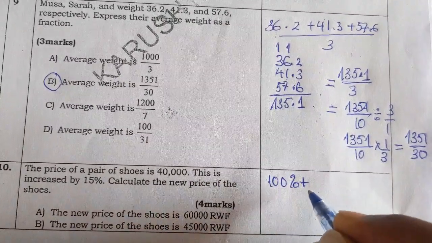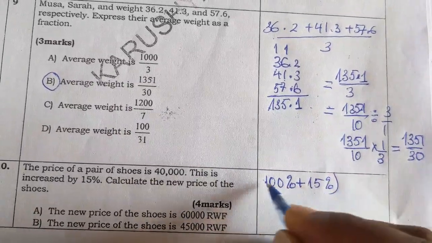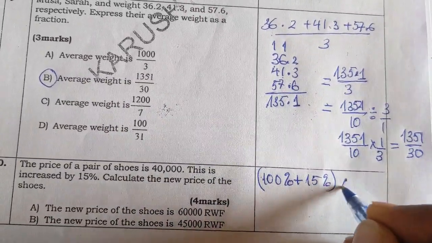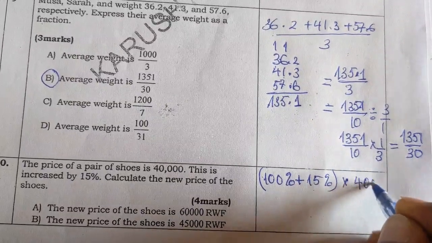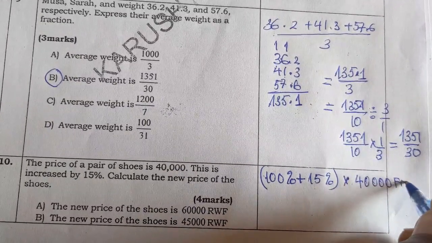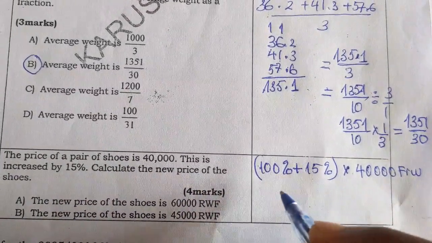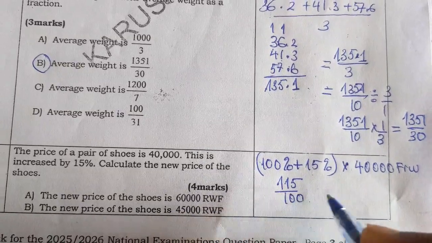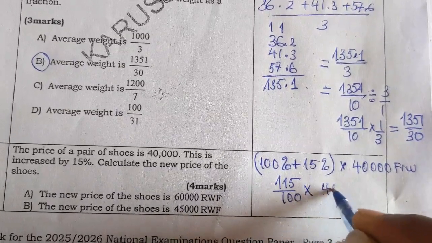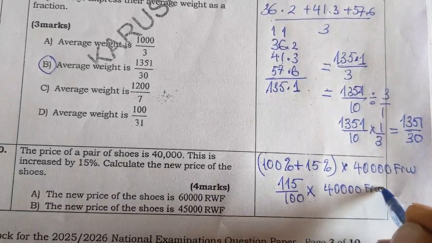As we are increasing, you have to take 100% plus 15%. Then we multiply by the cost of the shoes, which is 40,000 Rwandan francs. So we get 115 over 100 times 40,000 Rwandan francs.